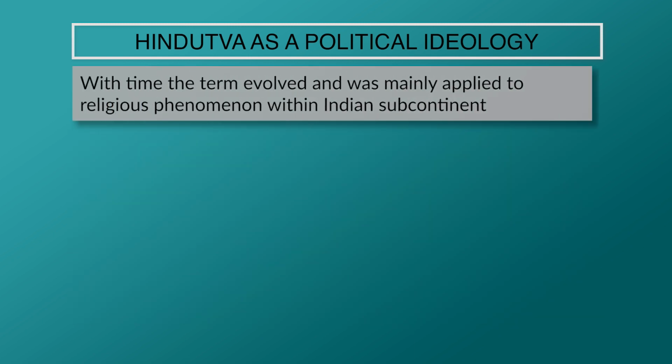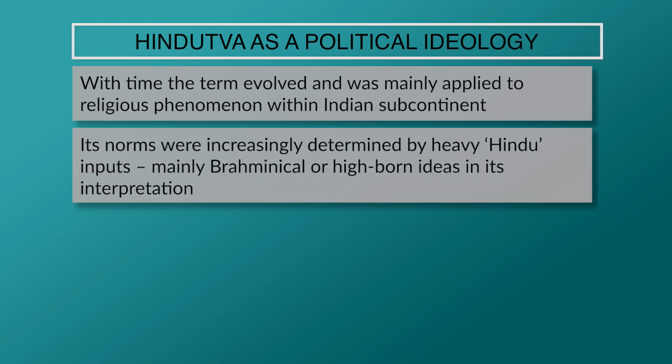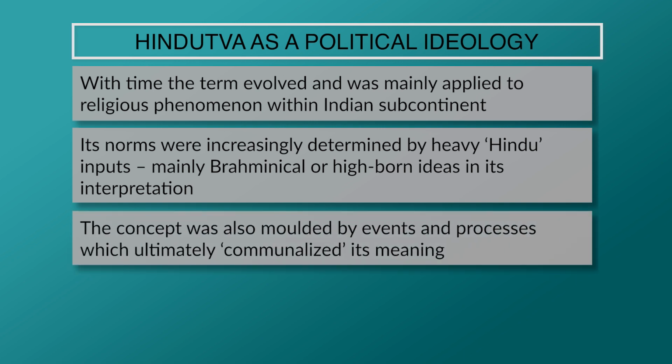With time, the term evolved and was mainly applied to religious phenomena within the Indian subcontinent. Its norms were increasingly determined by heavy Hindu inputs, mainly Brahmanical or high-born ideas in its interpretation. The concept was also molded by events and processes which ultimately communalized its meaning.